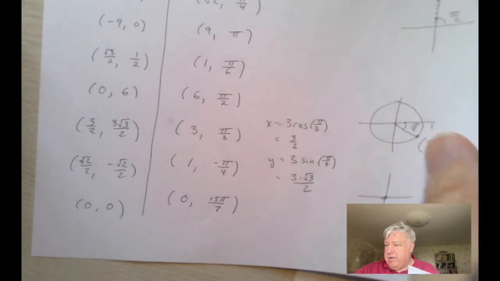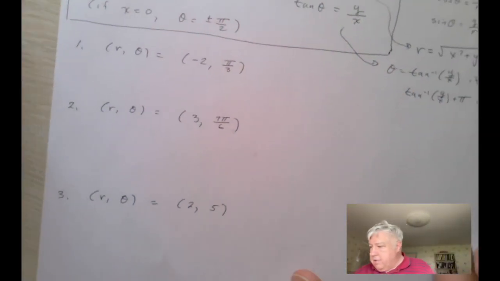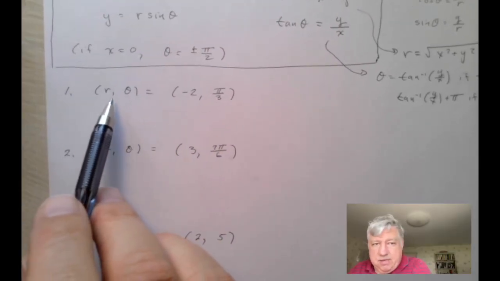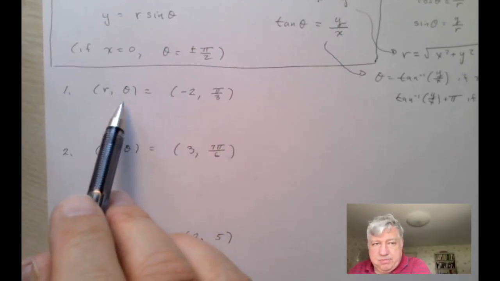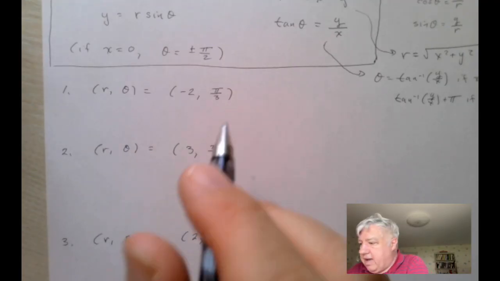Going on to our examples here, number 1 is basically the same thing as what we did, except r is negative 2.